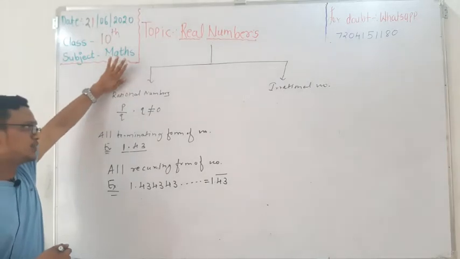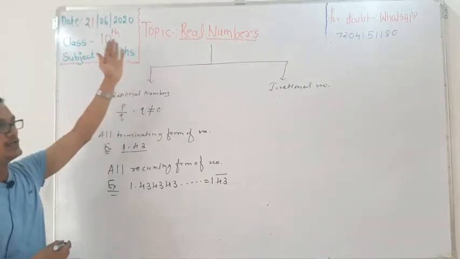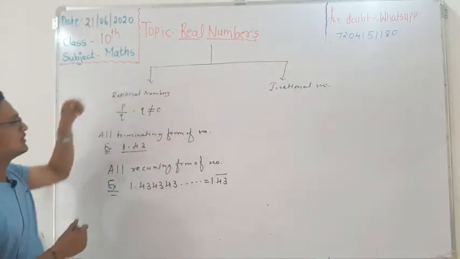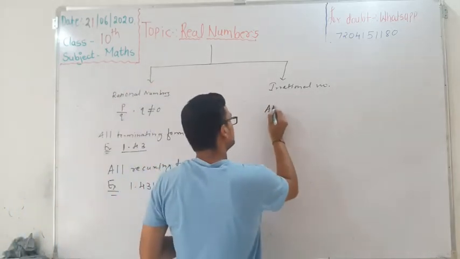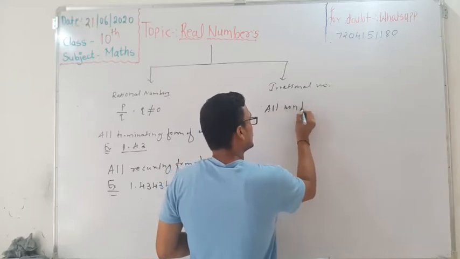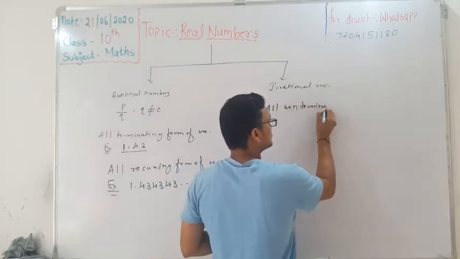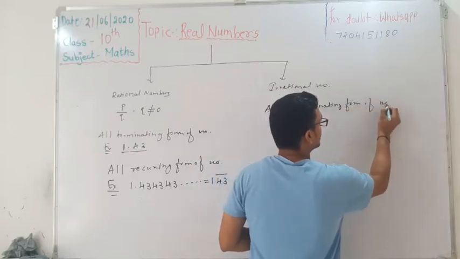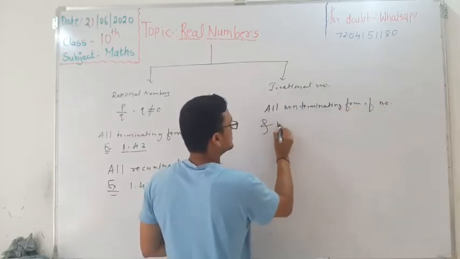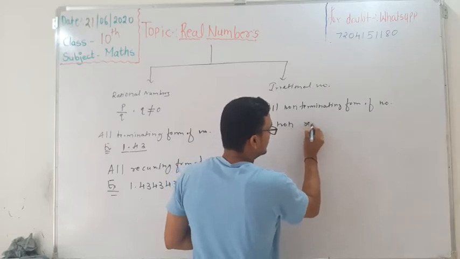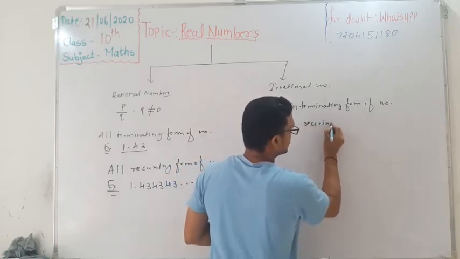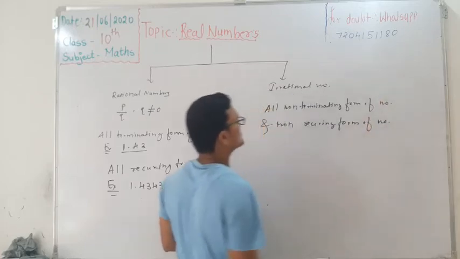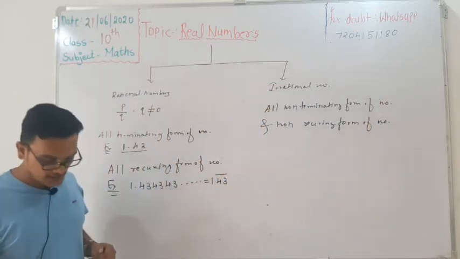Then to define irrational number, it is very simple: all non-terminating form of numbers, and you can say non-recurring form of numbers, are called irrational numbers.